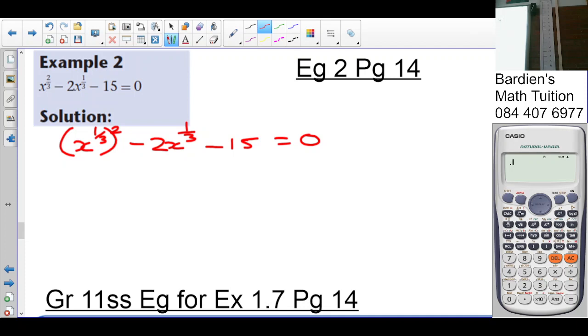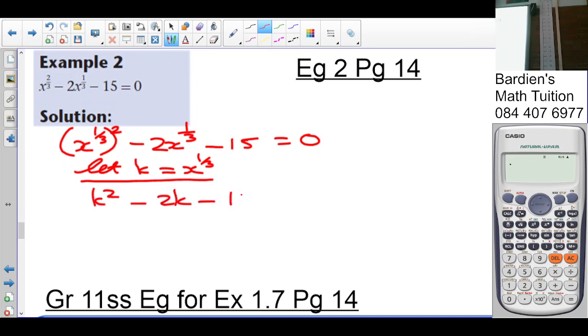Let k equals x to the third. So what would it read now in terms of k? k squared minus 2k minus 15 equals 0. Now what?